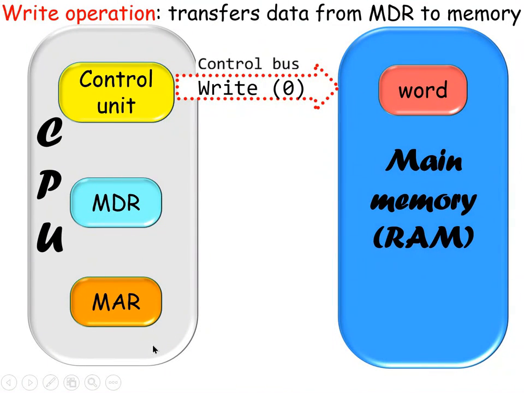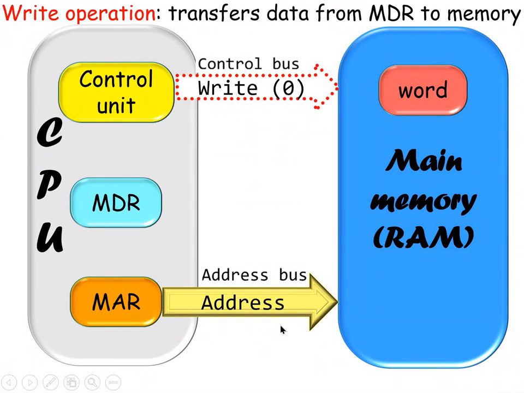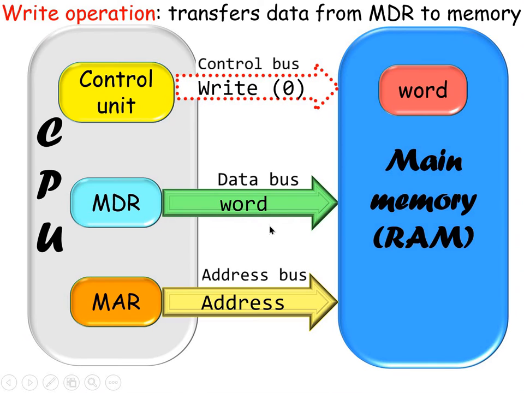The address of the word to be written is transferred from memory address register to the main memory through the address bus. The word is then transferred from memory data register to the main memory through the data bus.